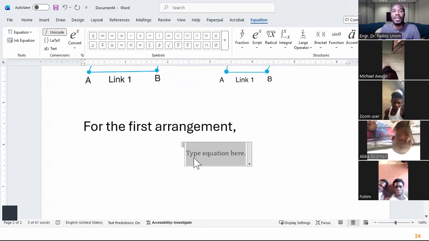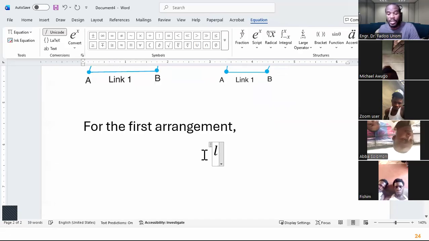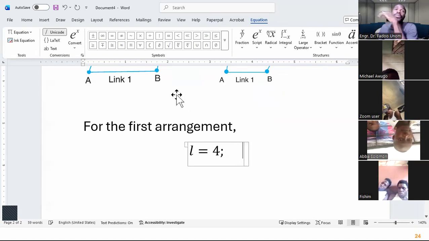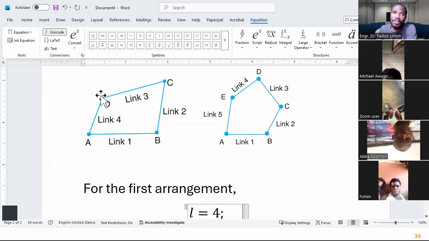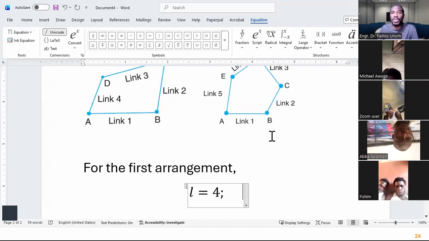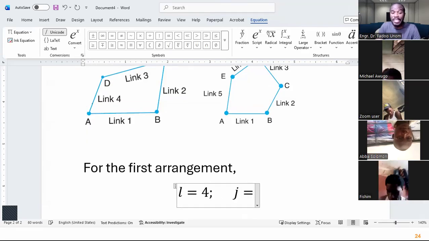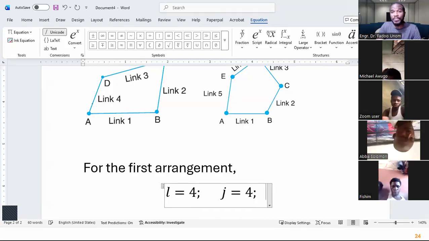So clearly L equals 4. And then let's find the binary joints. How many binary joints are there? There's one joint here because there are 2 links connected to that one. There's another joint here with 2 links. So this is one binary joint, this is another binary joint, this is another binary joint, and this is another binary joint. So we can say that J is 4. There are 4 of them.